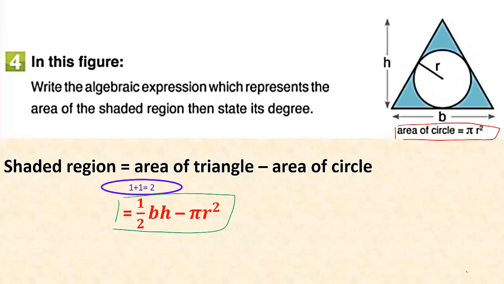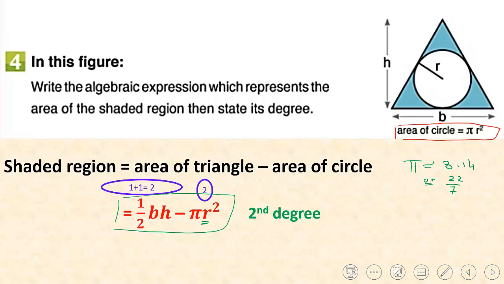And the degree of pi r squared is also of the second degree, because all of us know that pi is a constant number, which is approximately equal to 3.14 or 22/7. So pi is not a variable. The only variable I have in the second term is r to the power of 2. So this algebraic expression is of the second degree.